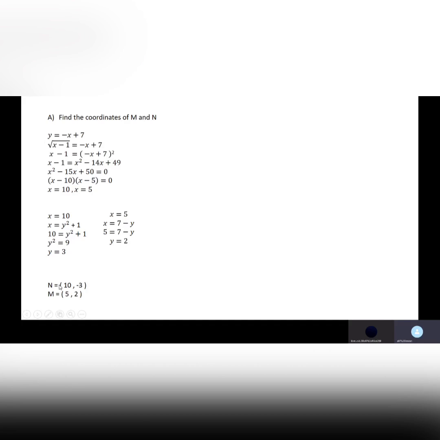So like this. When we get all the points, we can conclude that the coordinate of N is 10, -3, and the coordinate of M is 5, 2.